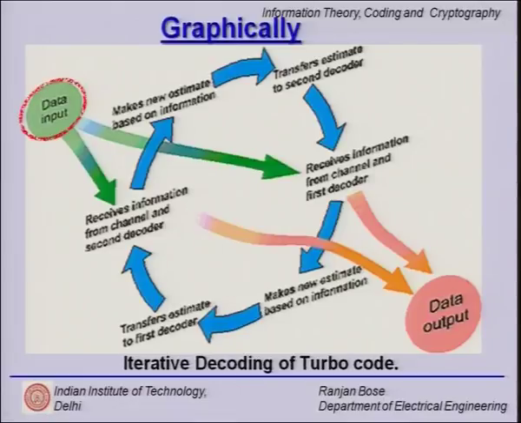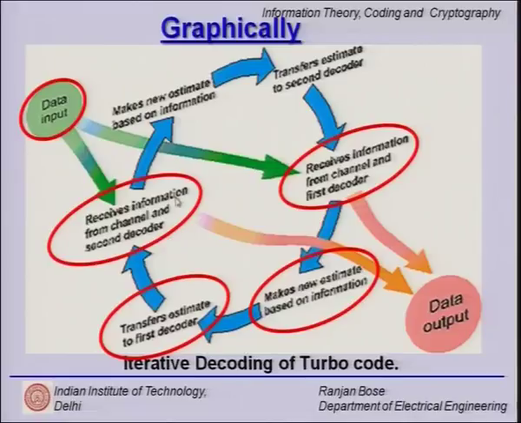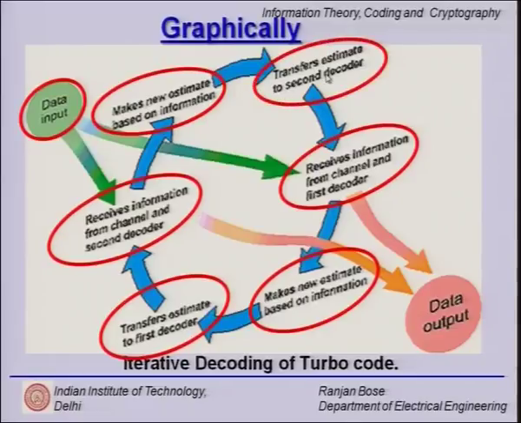Let us start with the input data, and input data is sent from the channel to the first decoder. We have seen that, which makes an estimate based on the information, and then it transfers the estimates to the second decoder, which receives the information from the channel, makes a new estimate based on the information and transfers the estimate back.